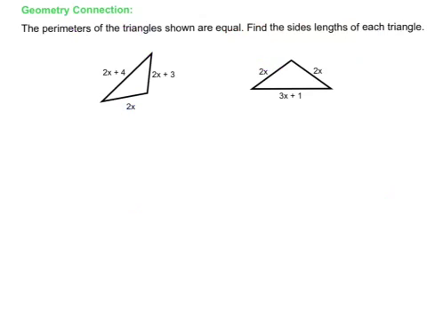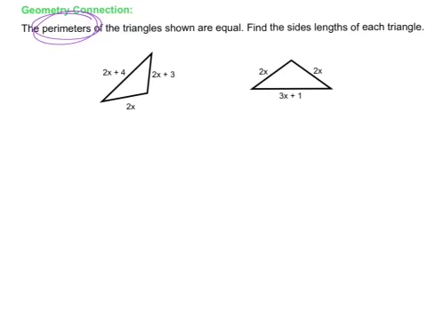Our next is our final slide, and it's also another real-world example, and it's related to geometry, and these are always my favorite. And so it says that the perimeters of the triangles shown are equal. Find the side lengths of the triangle. Before we can even do that, we first have to say, what is perimeter, and how do we find it?